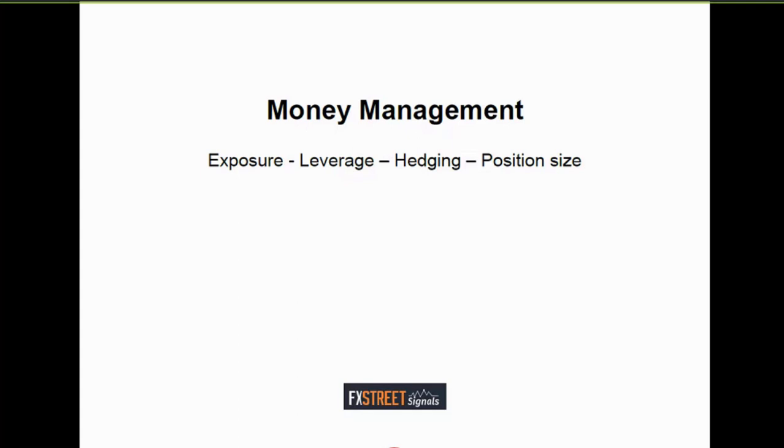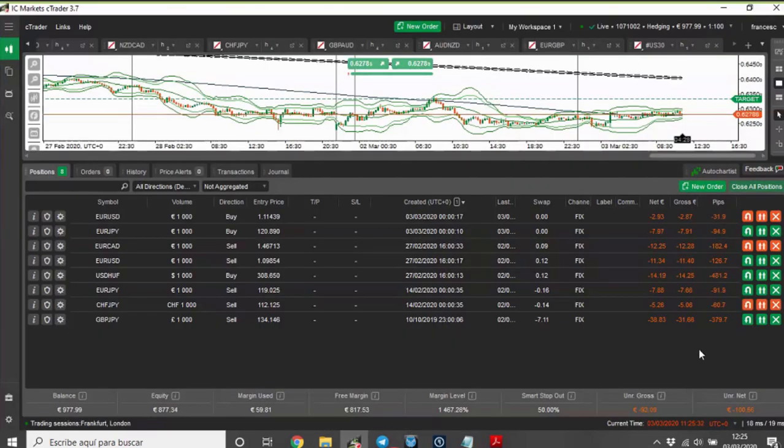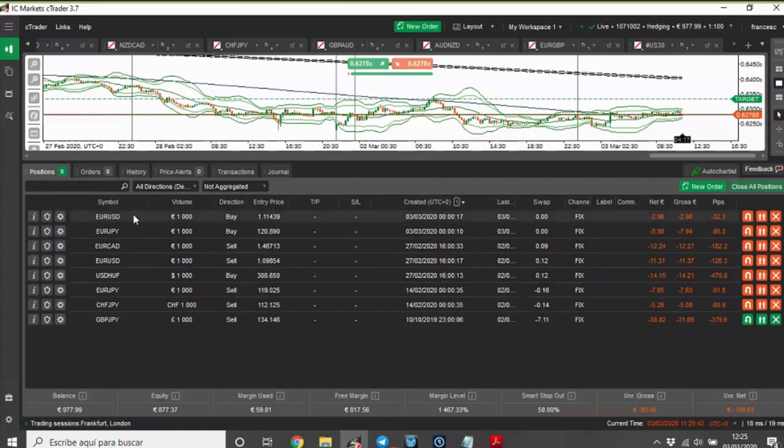Okay, so for instance, let's jump to the platform here for a moment and see how it can look like. Okay, for instance, we have here on the euro. We have just closed a euro pound sell order this morning. And we remain with 1, 2, 3, 4, 5 positions which are euro based.